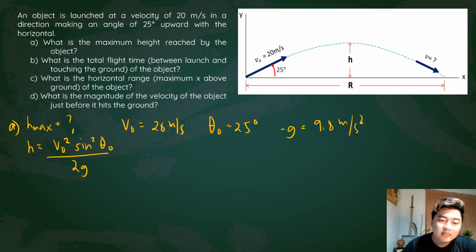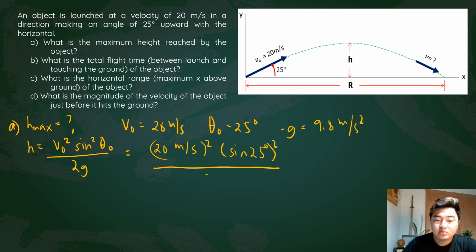Substituting, you have 20 squared times sine 25 squared divided by 2 times 9.8.